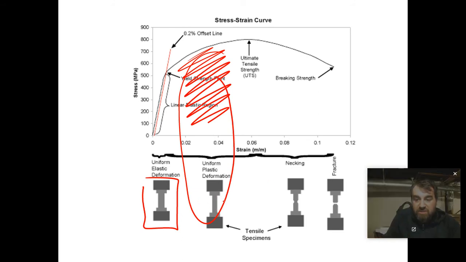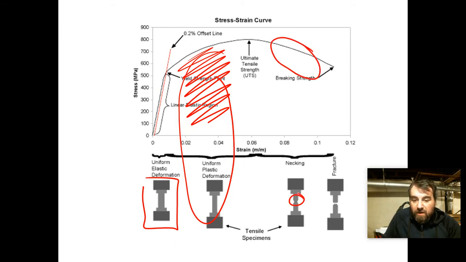So the material has stretched out a little bit and gotten longer because it is in its plastic deformation. Right here, this part is where it's necking, which means the material is getting thinner. When it's getting thinner, it takes less force to pull it apart because the material is no longer as thick. And then here at the end is fracture. That's where it breaks. This ultimate tensile strength is the spot at which the most force is able to be put on the material.